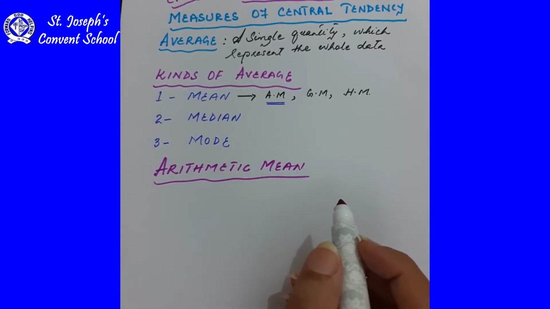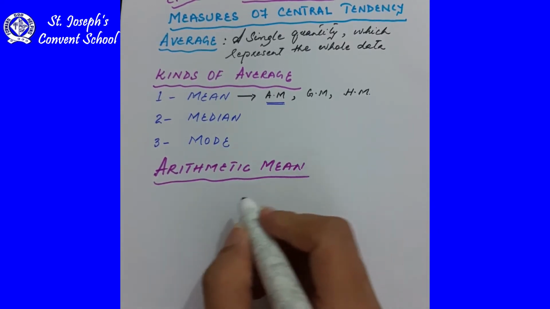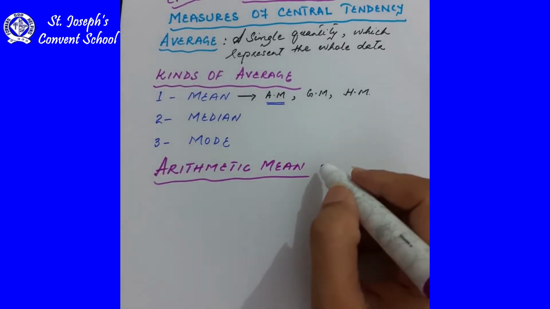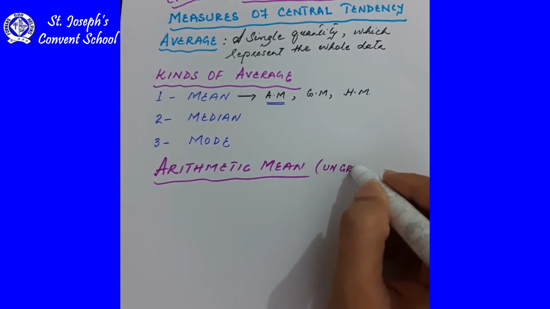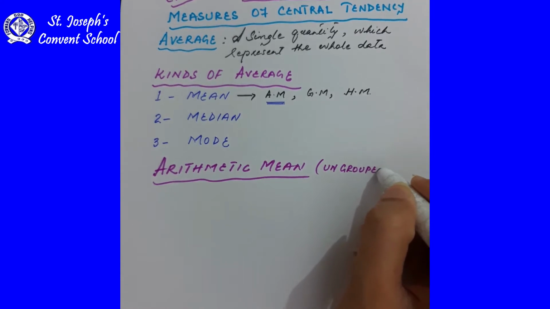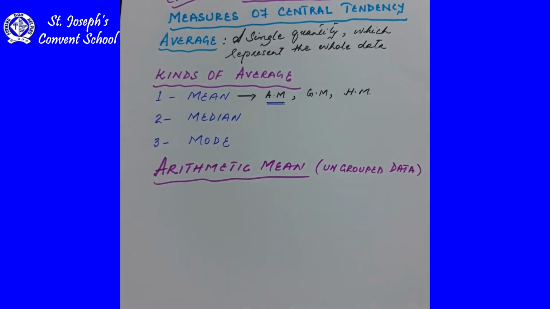So we'll start with the ungrouped data. How to find the arithmetic mean of ungrouped data? This we will discuss.